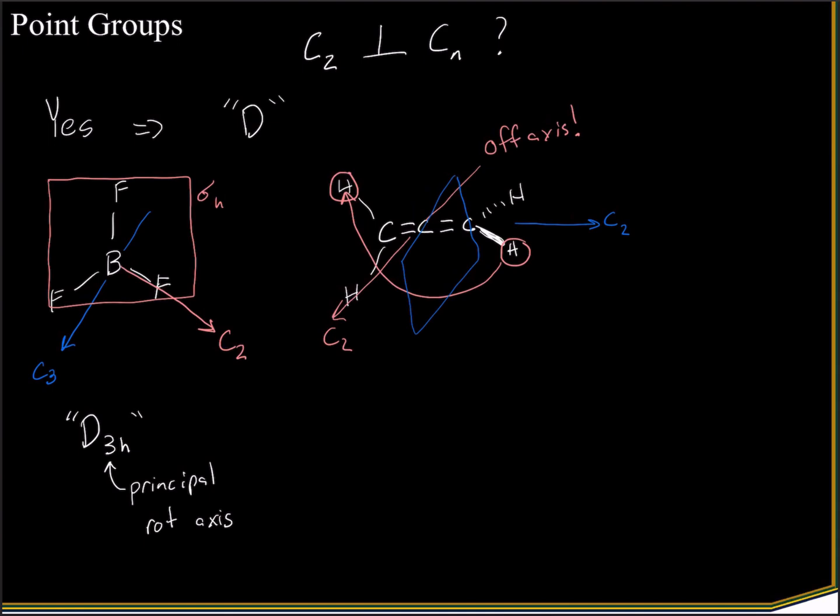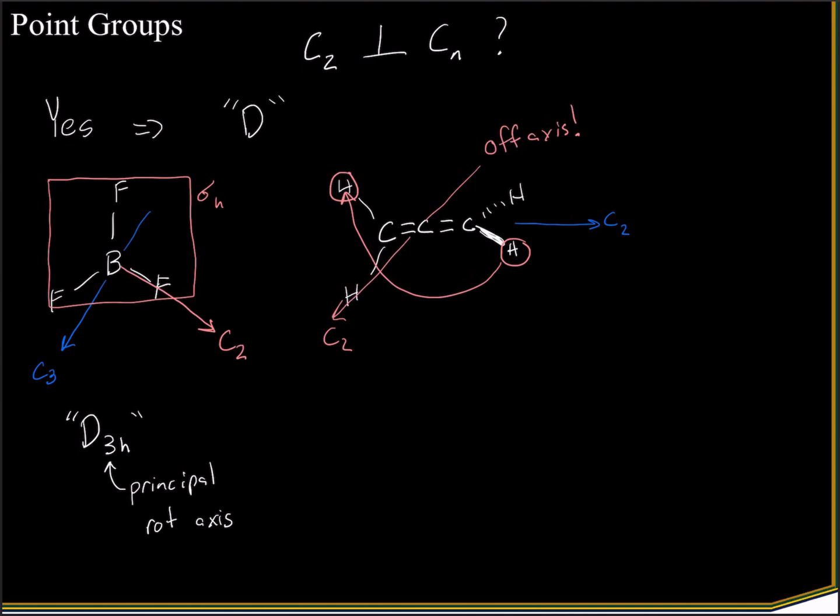And because of the dashes and wedges, I do not actually have that horizontal mirror plane for this structure. So I go further down the flow chart, and it says, does it have a dihedral mirror plane, meaning does it have a different mirror plane that is not a horizontal mirror plane?